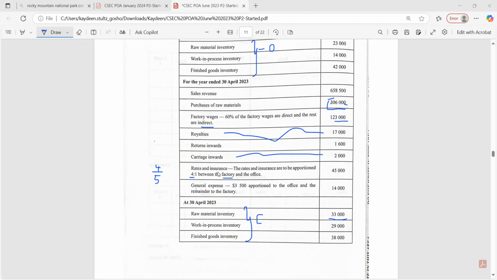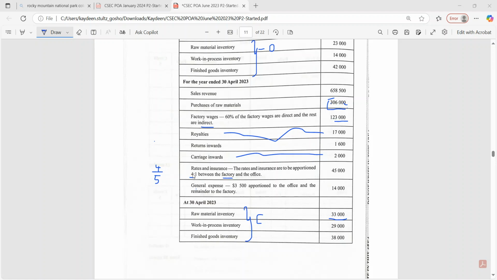Then it says that rates and insurance should be apportioned in the ratio 4 to 1. Now, when you have a ratio, you know that you add the numbers, any amount of numbers that they have in the figures, you're going to add them together. So 4 plus 1 gives you 5, that is your denominator. And in this case, 4 of it should be factory and 1 of it should be administration, so office.